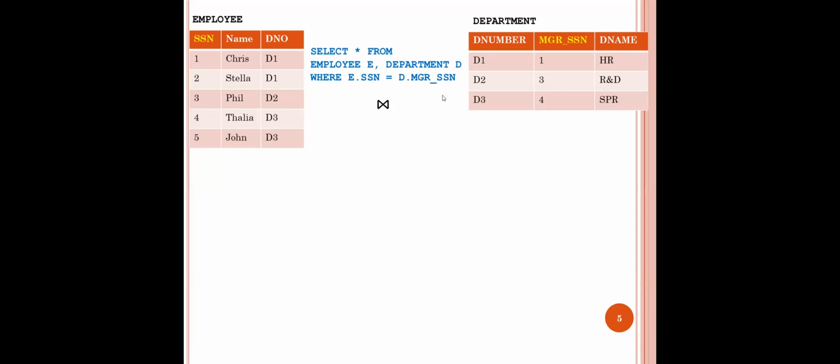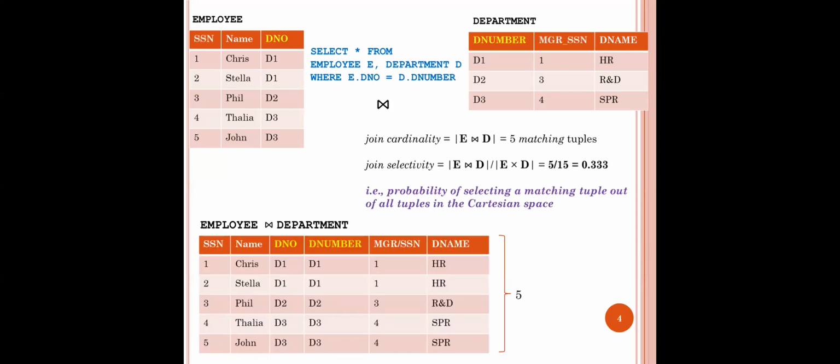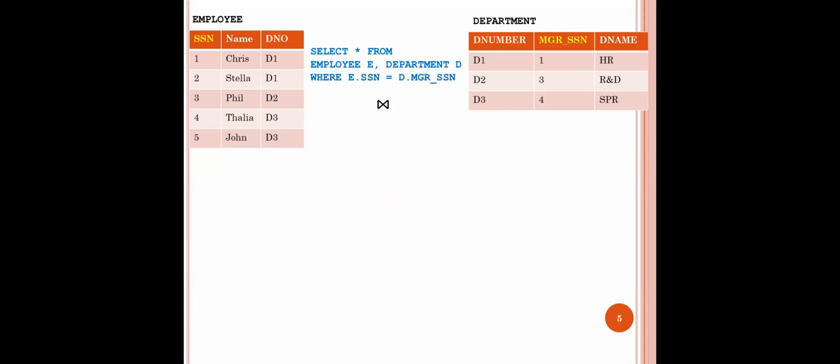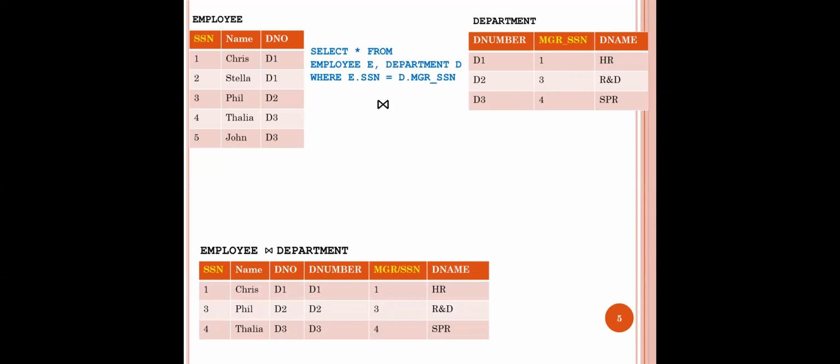And since I'm having 3 departments, I'm expecting to get 3 managers, 3 matching tuples. And this is the outcome. The 3 managers, Chris, Phil, and Thalia, are the 3 managers corresponding to the 3 departments.